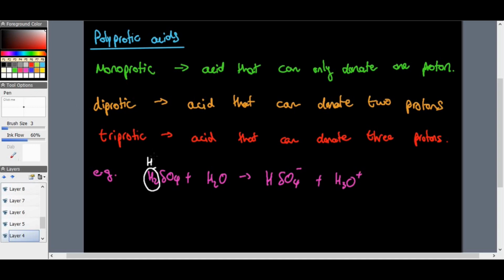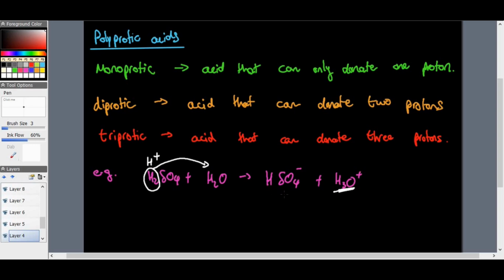One proton was clearly given here, right? So we had H2, H plus is given, so we are forming the conjugate acid over there, which is H3O plus. That's great. But we see now we got HSO4 minus because only one proton was given. We still have one hydrogen left because we only gave one, guys. So this is what we're left with.